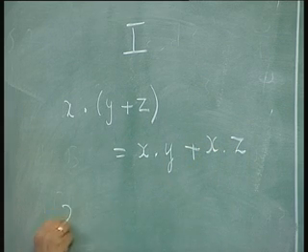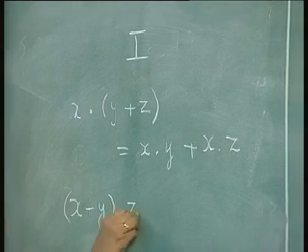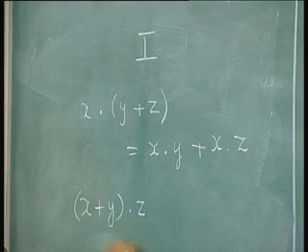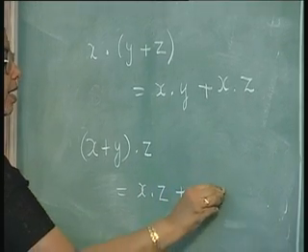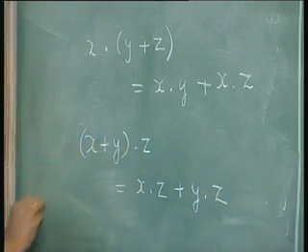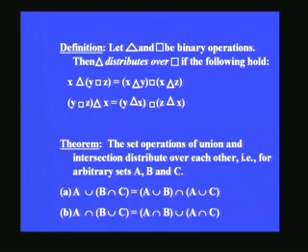And similarly, (x plus y) dot z will be x dot z plus y dot z. So, here dot distributes over plus, multiplication distributes over addition.